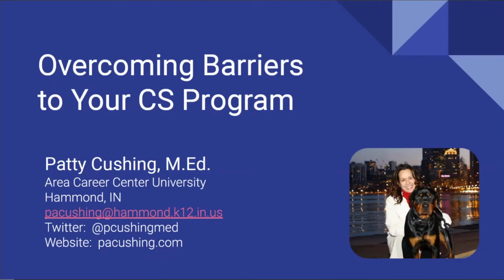And so what I wanted to spend a few minutes talking about is just some of the challenges or barriers that many of us have encountered and still do in developing and growing a computer science program, and how we can overcome those challenges. So next slide, please.